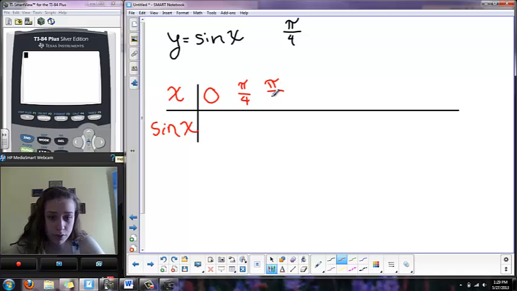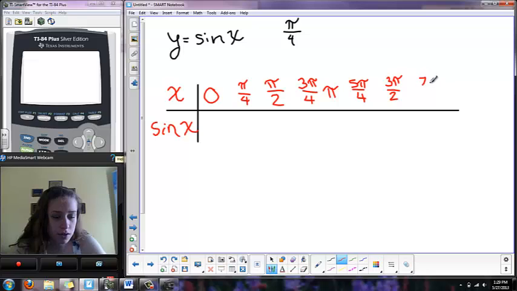So that's 1 pi over 4, 2 pi over 4, 3 pi over 4, 4 pi over 4, which is just pi, 5 pi over 4, 6 pi over 4, which reduces down to 3 pi over 2, 7 pi over 4, and 8 pi over 4, which is just 2 pi. So that's what I mean by counting in increments of pi over 4. Those are 45 degrees each, counting through in radians.